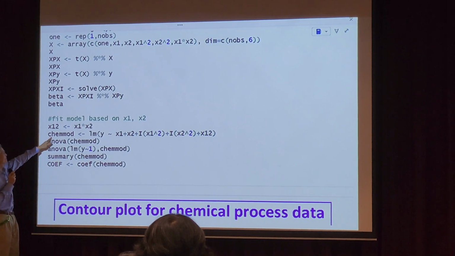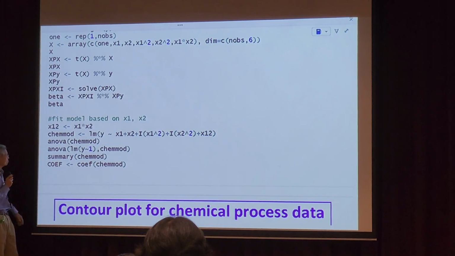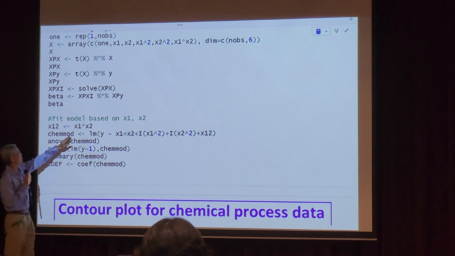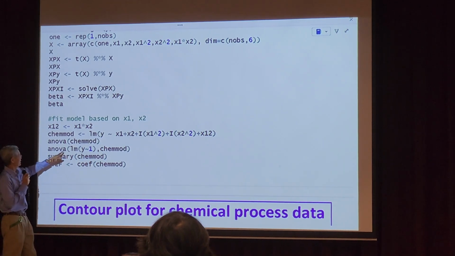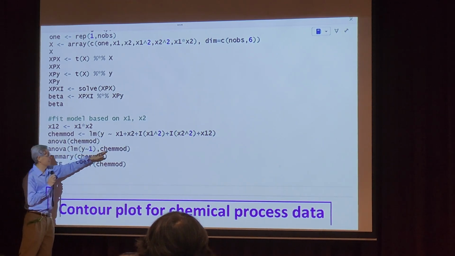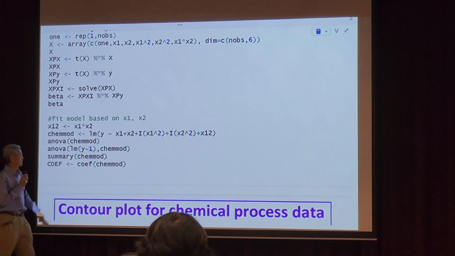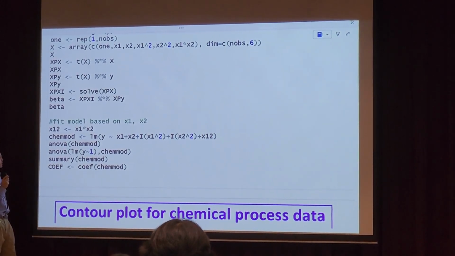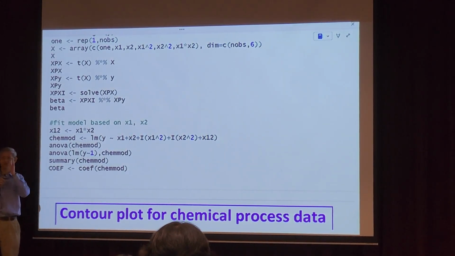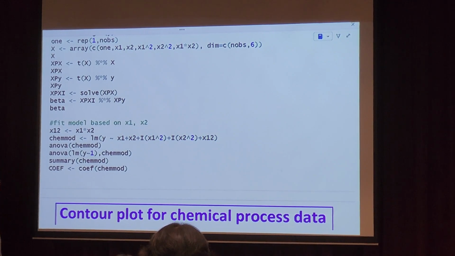Fit a model, or I can fit a model. And then this is my full model. And then I can compare this model with the constant model, y equal to beta naught, and test whether 2, 3, 4, 5, they are significantly different from 0.